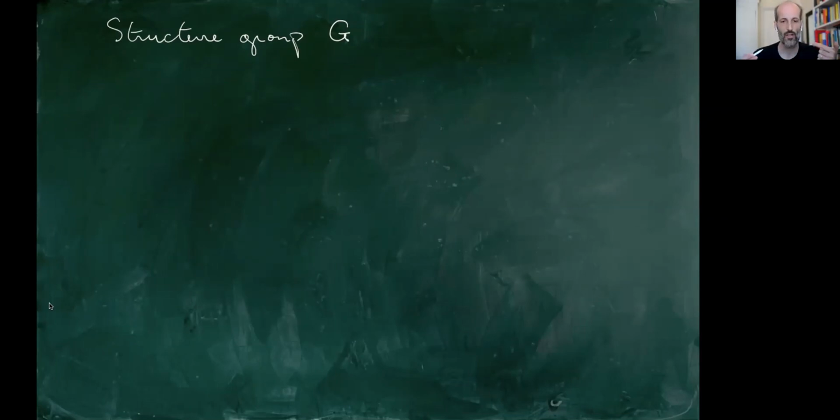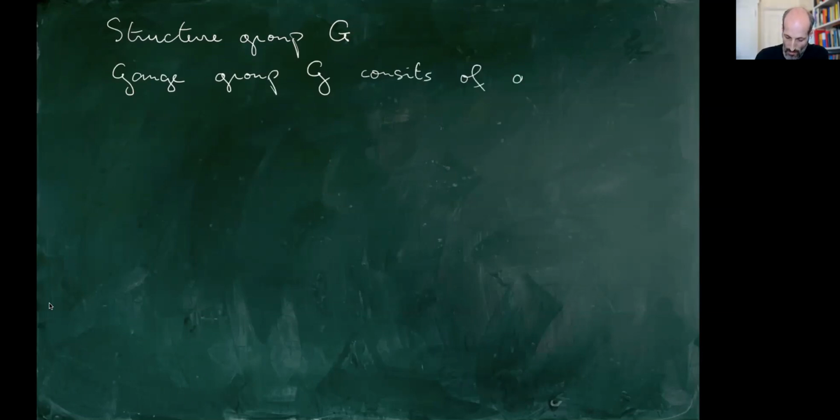But the point of gauge theories is that they are invariant not just globally under G, but also under local actions of G. Okay, and so local actions, that's called the gauge group. And so the gauge group, which I'm going to denote by curly G, consists of functions, say little g, that go from whatever your space or space-time is into the structure group G. Okay.